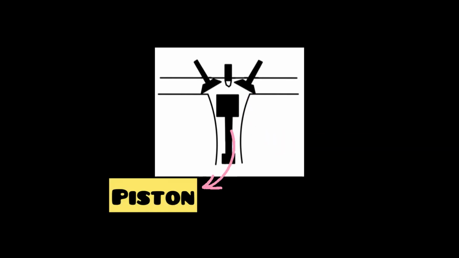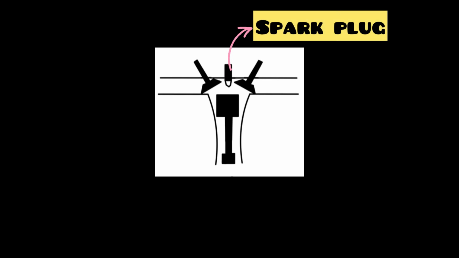The piston head controls the expansion and compression pressure as it moves up and down during the engine's operation, while the spark plug releases some gases that cause the combustion to occur in the engine.